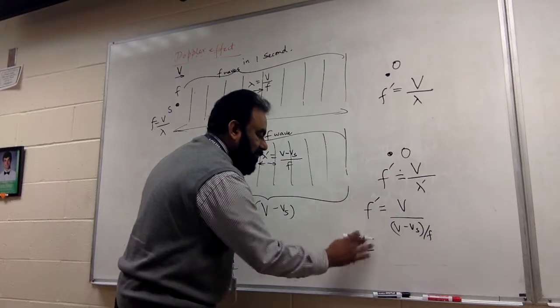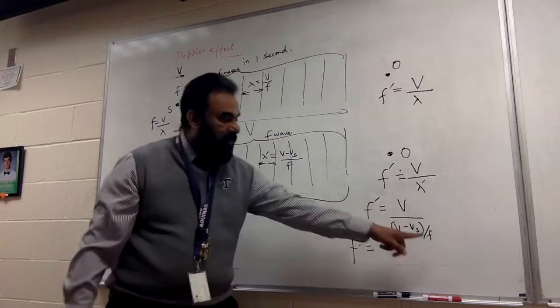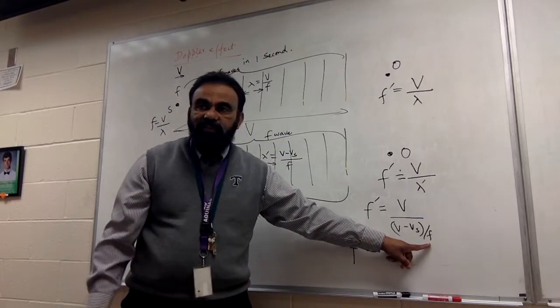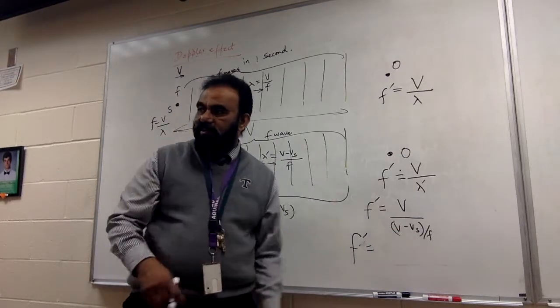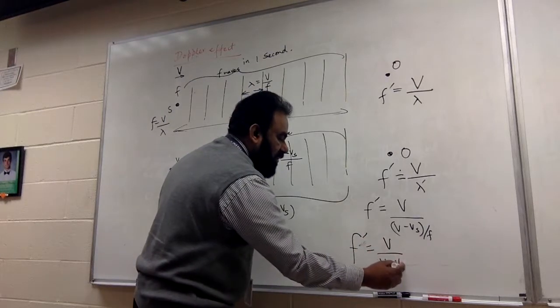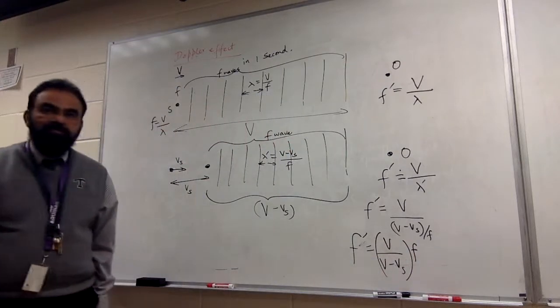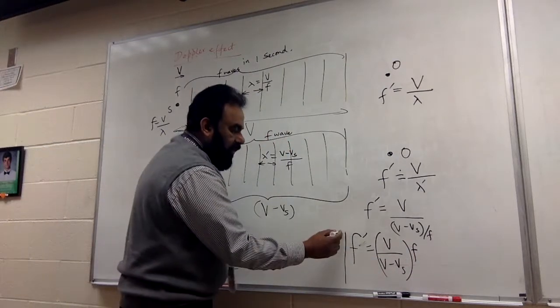F prime is equal to, when you're dividing by a fraction, you multiply, right? So you get V over V minus Vs times F. So that is your equation for frequency.